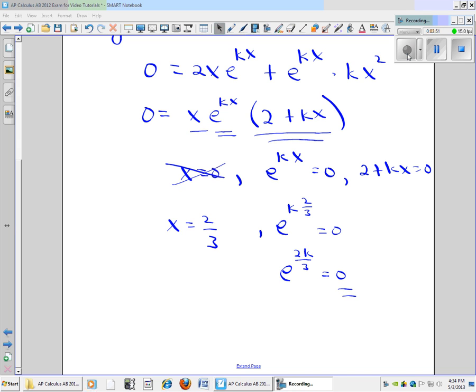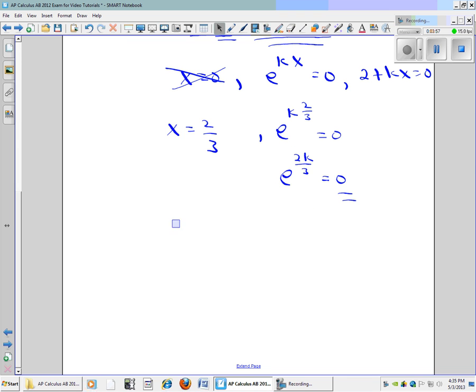So the last thing we've got to check is this last one, and that is I have 2 plus kx equals 0. That means k times x is equal to -2, and if I'm solving for k, k is equal to -2 divided by x.